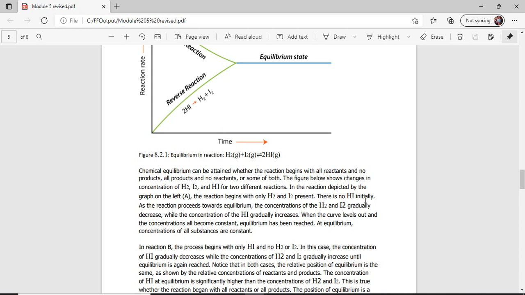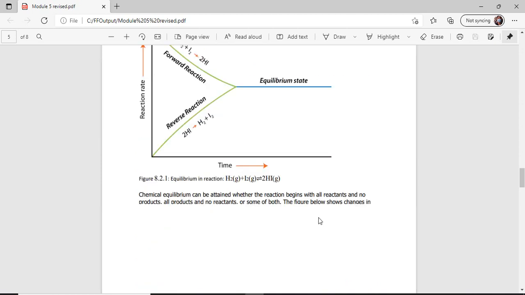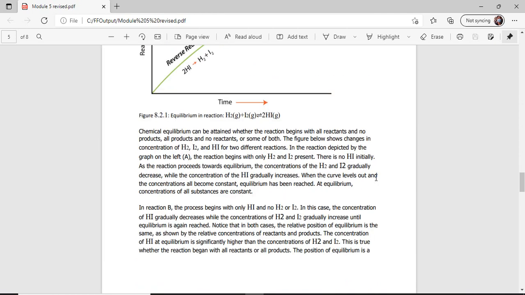As the reaction proceeds towards equilibrium, the concentration of your H2 gradually decreases, while the concentration of your HI gradually increases. When the curve levels off, the concentrations of your substances remain constant.